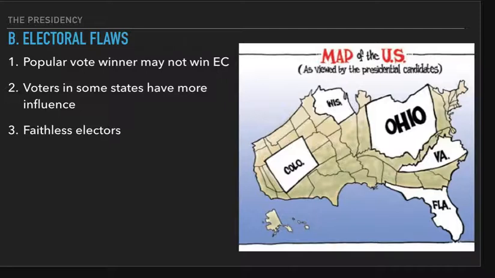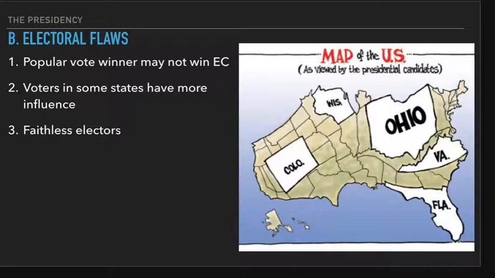So some defected from Hillary Clinton's camp and voted for Bernie Sanders, or they voted for, I can't remember his name, an Indian chief out in Oregon somewhere, or they defected from Donald Trump and voted for one of the other Republicans that they thought would have been a better candidate. So faithless electors are possible.